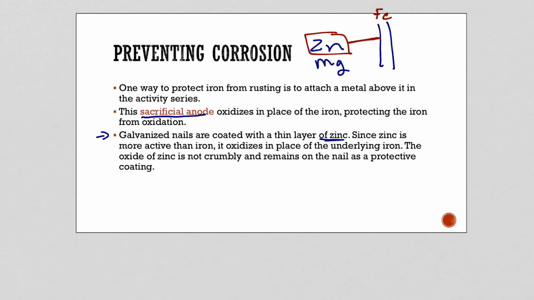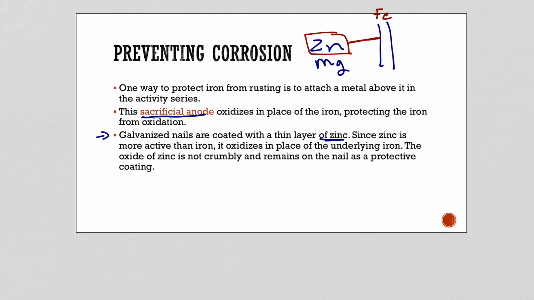And that zinc acts twofold, right? It acts as a surface protection, but it also acts as an oxidation protection, right? Because it is attached or coated onto the iron, that zinc will be oxidized first, right? And so that prevents the underlying iron from being oxidized.